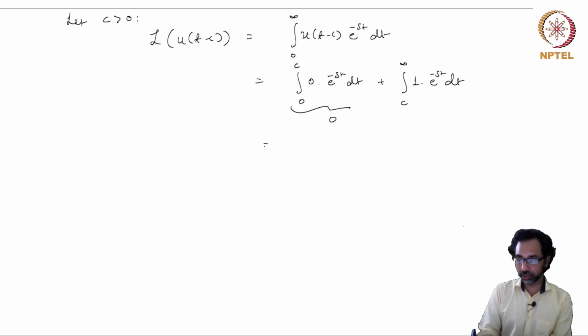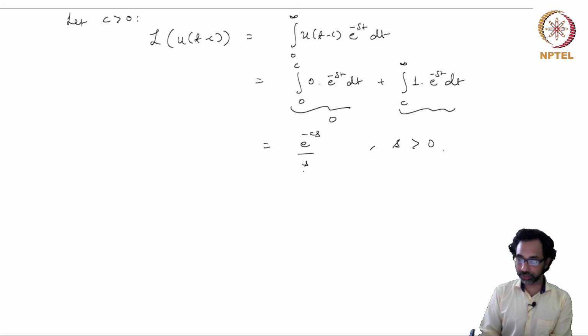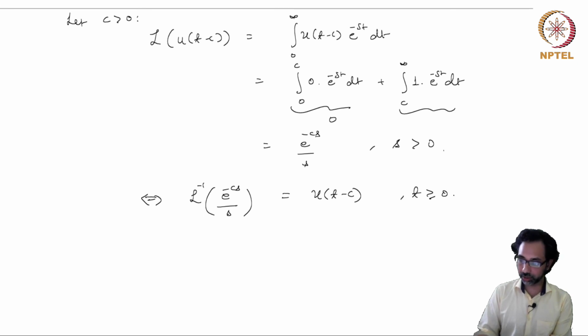So this part is 0 and this part is nothing but e to the power minus cs over s, and this is defined for all s greater than 0. So the Laplace transform of the Heaviside unit step function is e to the power minus cs over s for s greater than 0. Equivalently, we can write the inverse Laplace transform of e to the power minus cs over s as the Heaviside unit step function for t greater than or equal to 0.